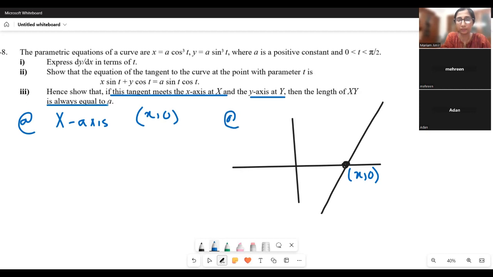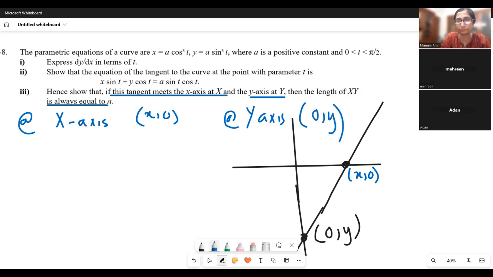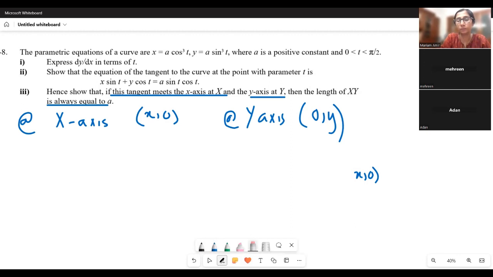And at the y-axis, when the line crosses the y-axis, here x is 0. So it's going to be 0, comma some value of y. We're going to find both these coordinates by substituting y equals 0 and x equals 0 in the given equation of the line.